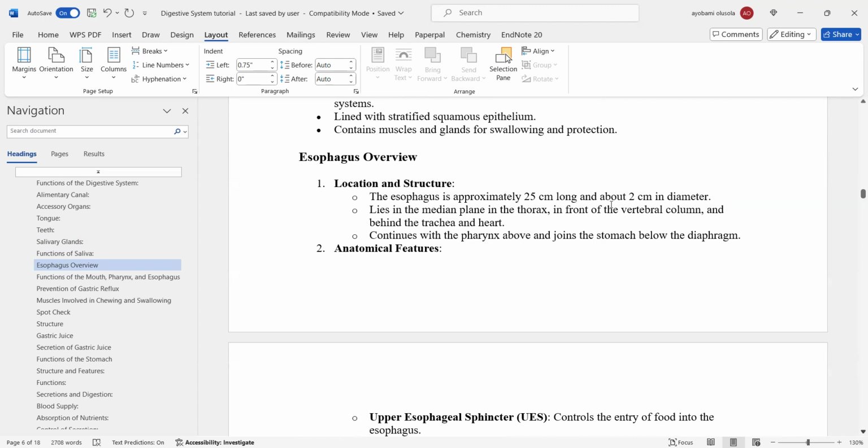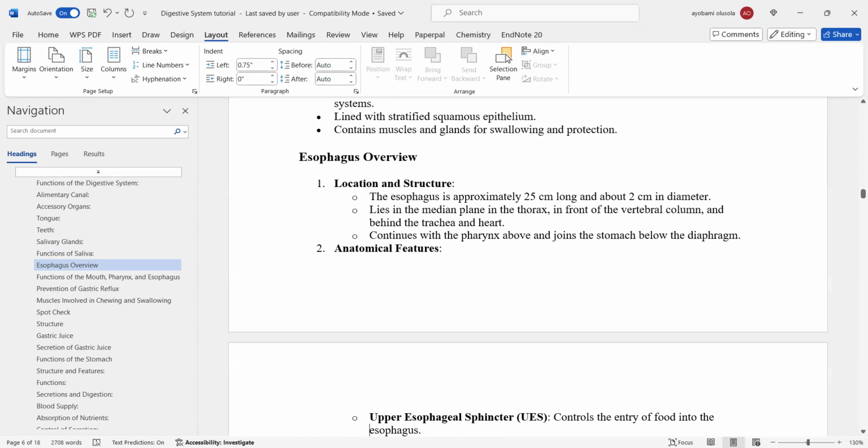It lies in the median plane in the thorax, the chest, in front of the vertebral column, and behind the trachea and the heart. The esophagus continues with the pharynx above and joins the stomach below the diaphragm.